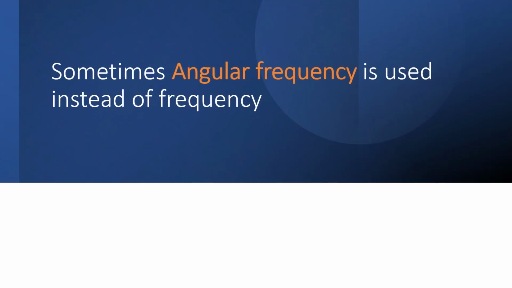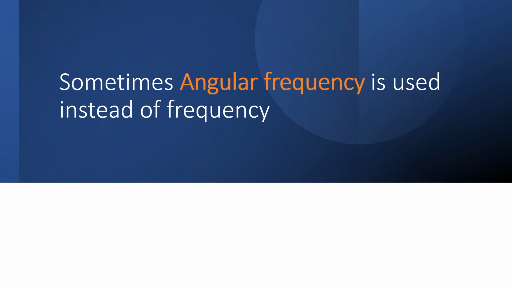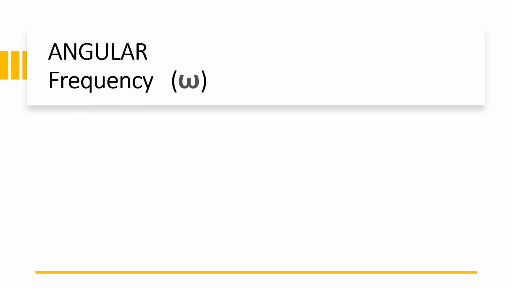Sometimes, instead of the frequency, angular frequency is used. The symbol for angular frequency is omega. So we call this symbol omega. So para siyang small w. So let us identify the equation for angular frequency.